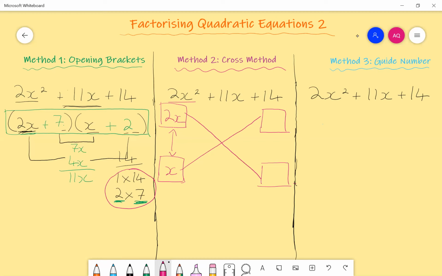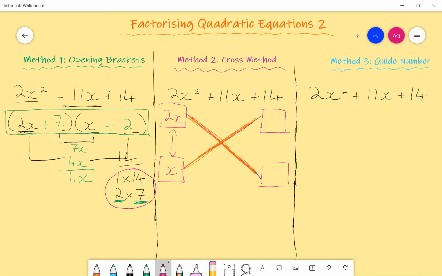Let's say if we put in 2 and 7, which looks quite similar to how I did the last one, but what we do in this, remember, is you multiply along the cross. So 2 by x would give you 2x, and 2x by 7 would give you 14x. So 14x and 2x is not going to work to give us 11x.